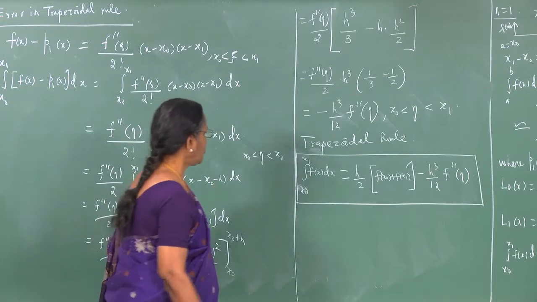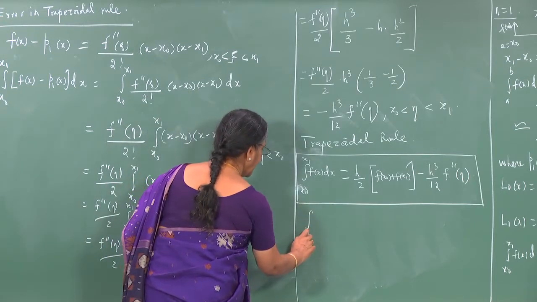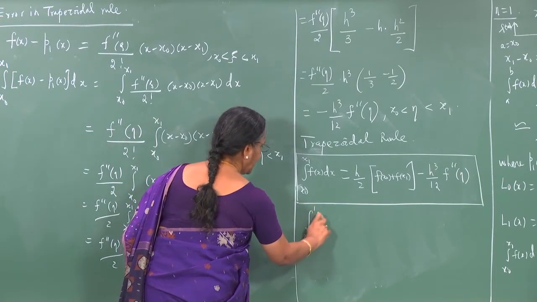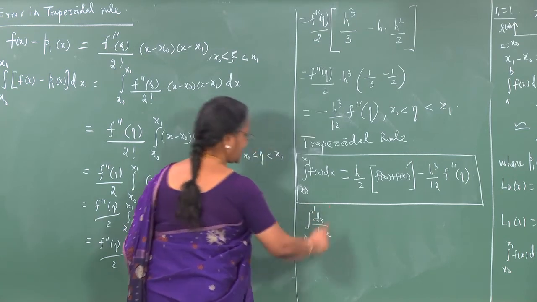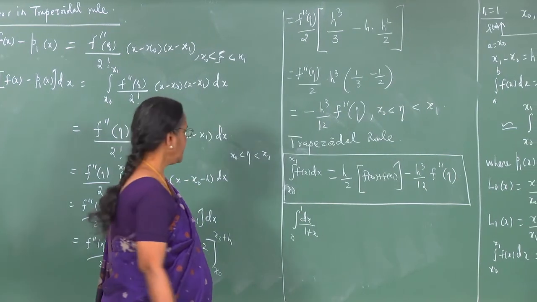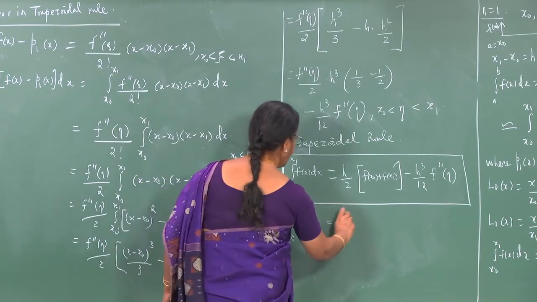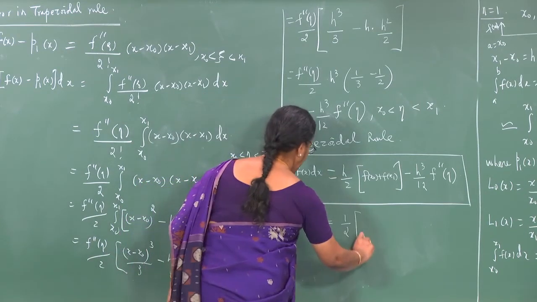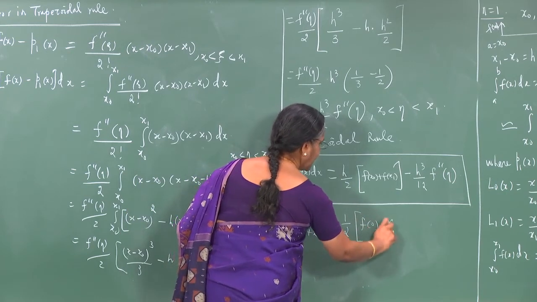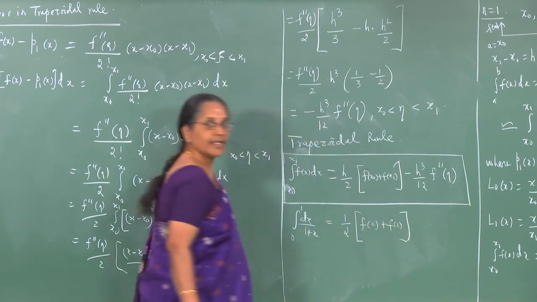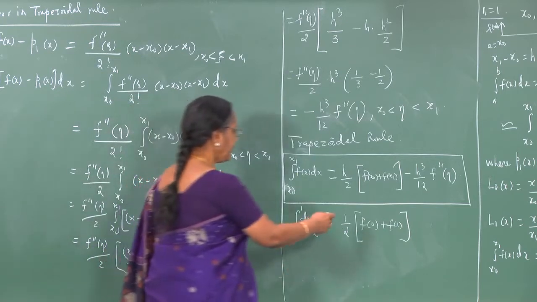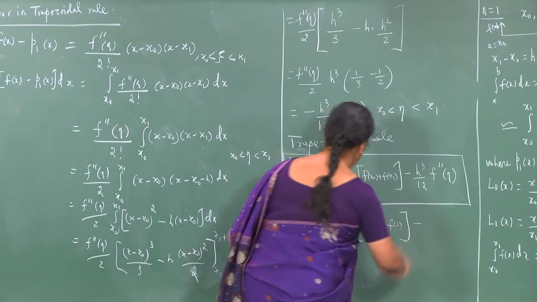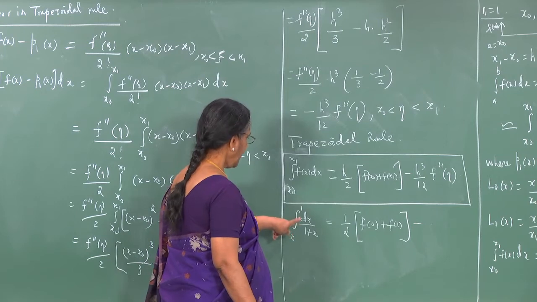So, if I ask you to evaluate integral say 0 to 1 dx by 1 plus x by trapezoidal rule, then it is simply h is 1 because b minus a into f at 0 plus f at 1, and by doing this you have made an error of h is 1.